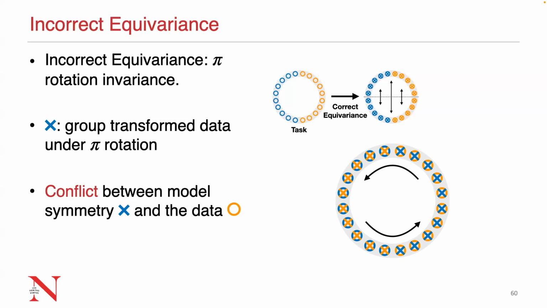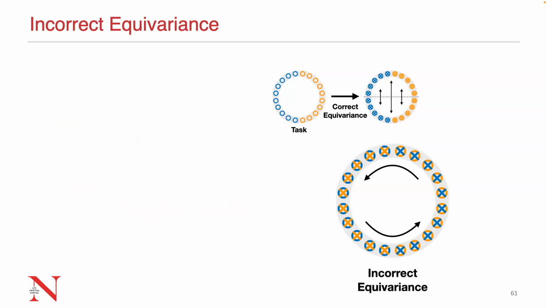For example, this one and that one, the network will say those two should be invariant and they should have the same label. But in the ground truth function, they have different labels, and that happens for the entire domain, so you can only get up to 50% success rate. This is bad. We don't want that. And we also know the correct is good. We want correct. But there's actually a third scenario that's in between correct and incorrect. So what if we enforce scaling invariance?